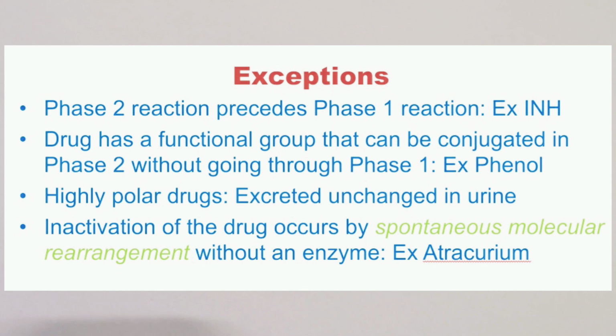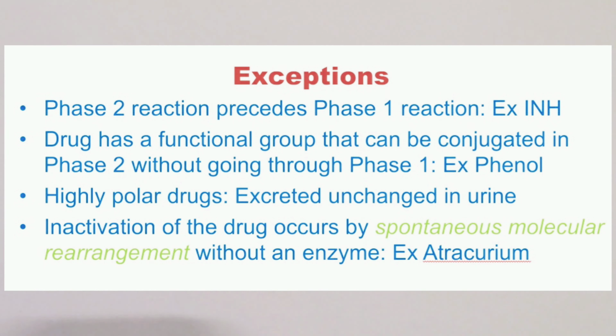Third, there are drugs which are highly polar in nature, for example, streptomycin, gentamicin, neostigmine. These drugs are excreted unchanged in urine without going through any of these phases. A drug may also undergo inactivation by spontaneous molecular rearrangement without an enzyme. Example, atracurium, which is a neuromuscular blocker and undergoes inactivation by spontaneous molecular rearrangement.